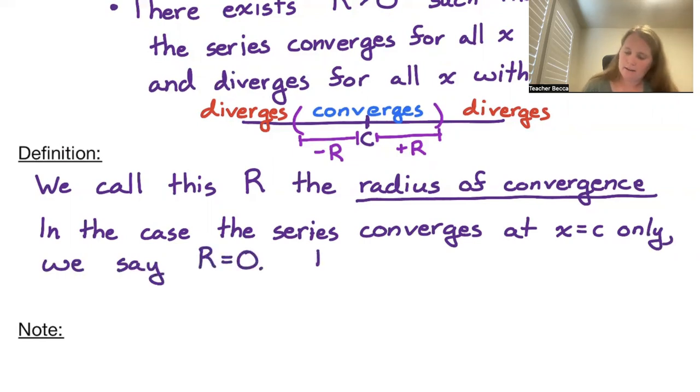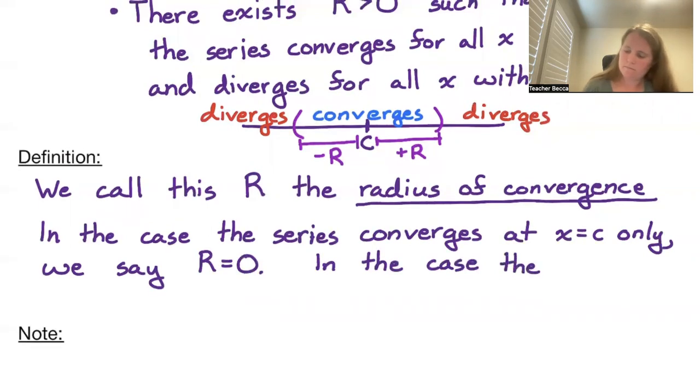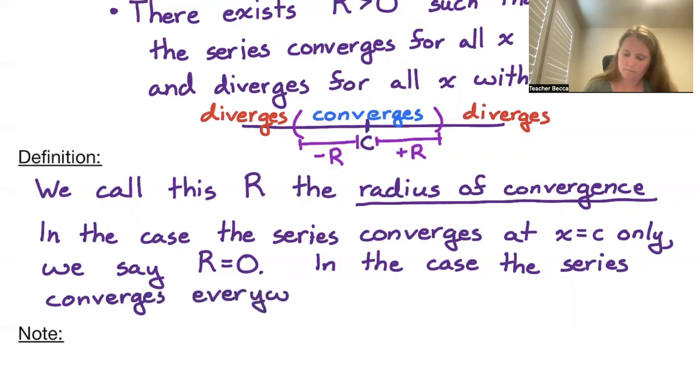And in the case where the series converges everywhere, we say R is infinity.